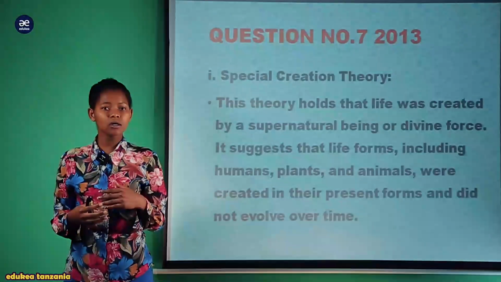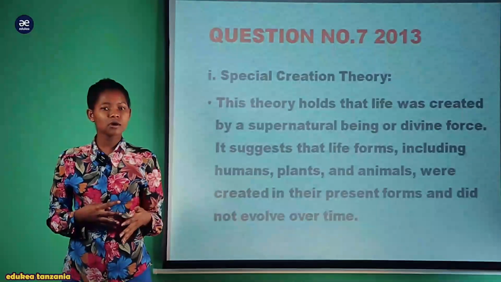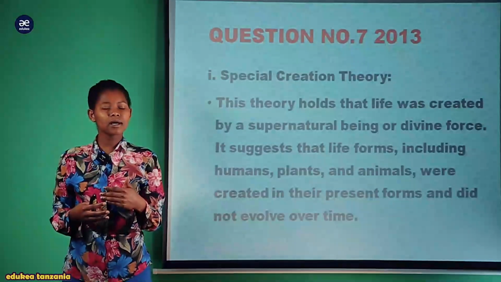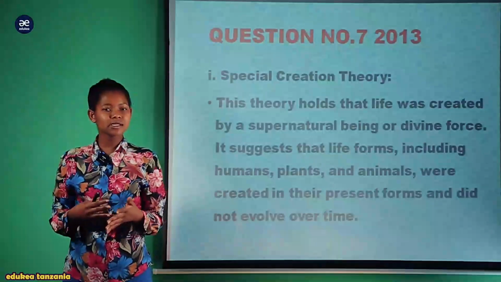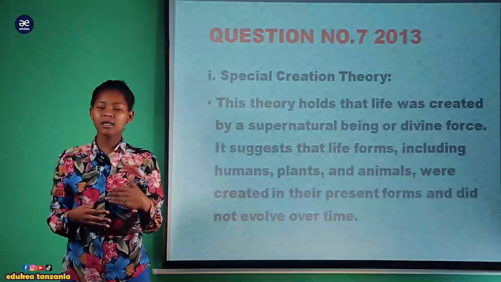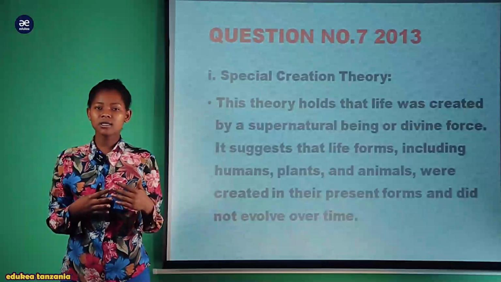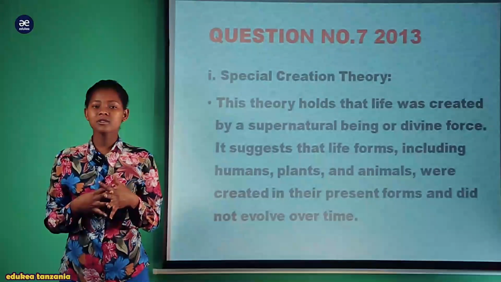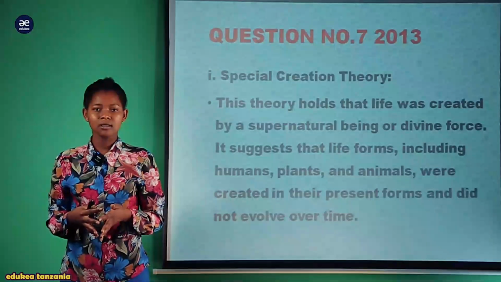And when you go to the topics we have studied, you will find we have studied the way to state. For instance, this is the special creation theory. We state it in the form that life and all things on the earth were created by the supernatural being, God.